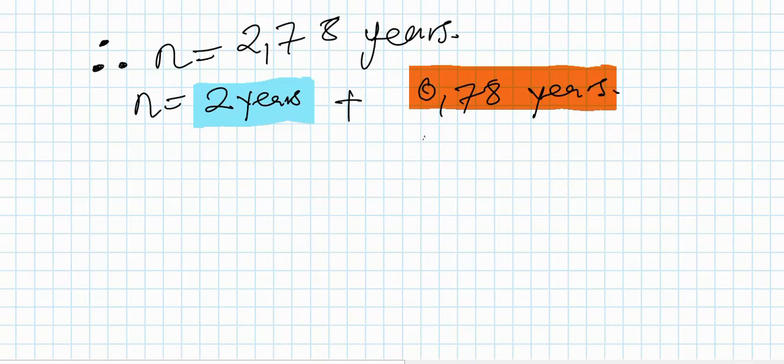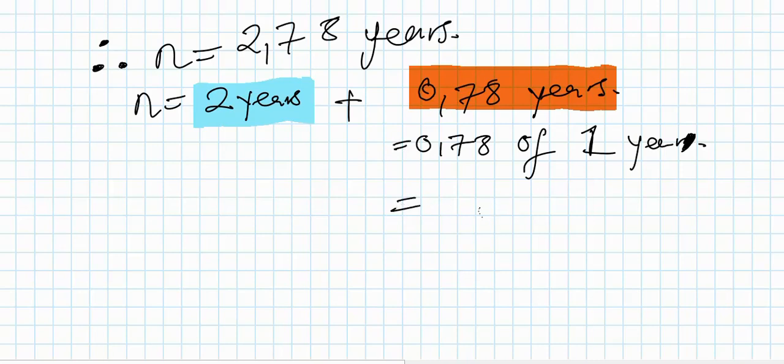So let's put that in a sentence so that we can remember it from now onwards. 0.78 of 1 year. 1 year, not years. And then what else do we have? I can say now 0.78. What does of mean in multiplication? In mathematics, it means you must multiply.